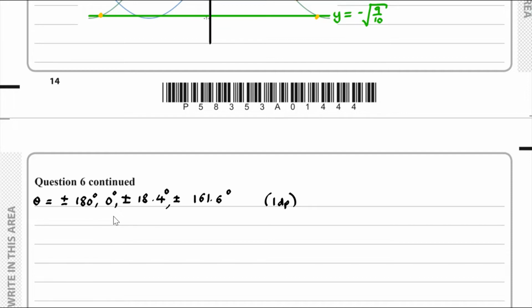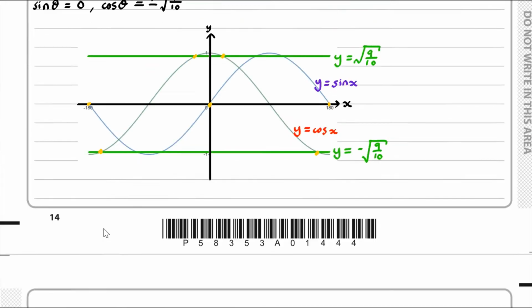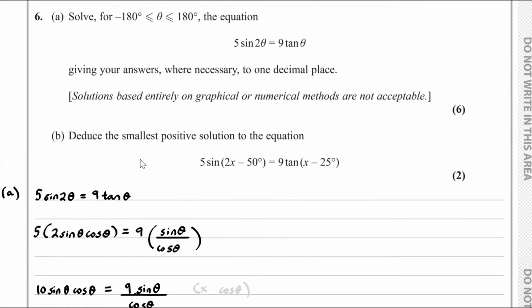Okay, so now for part B. For part B, we have to deduce the smallest positive solution to the equation 5 sine of 2x minus 50 equals 9 times tan of x minus 25.